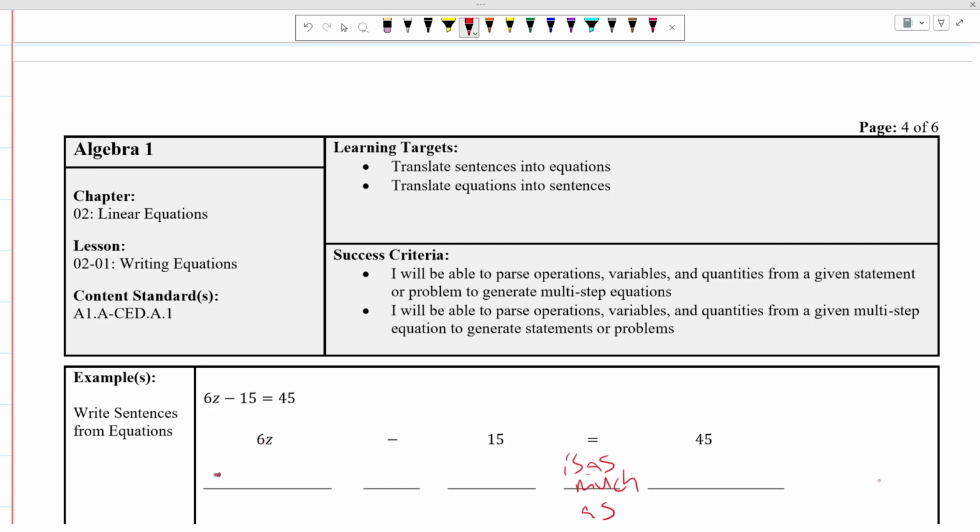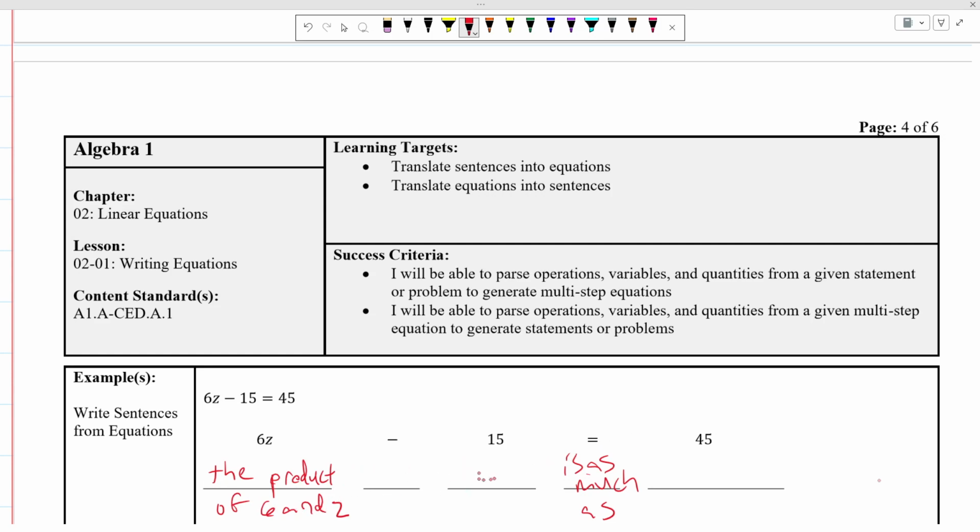So you could see it represented as 6 times z. That's supposed to be a z though, guys. Or you could even see literally just this piece of the phrasing, the product of 6 and z. So I can leave it like that.